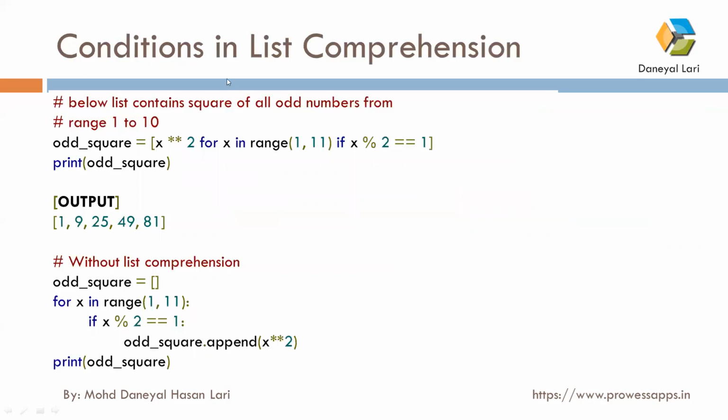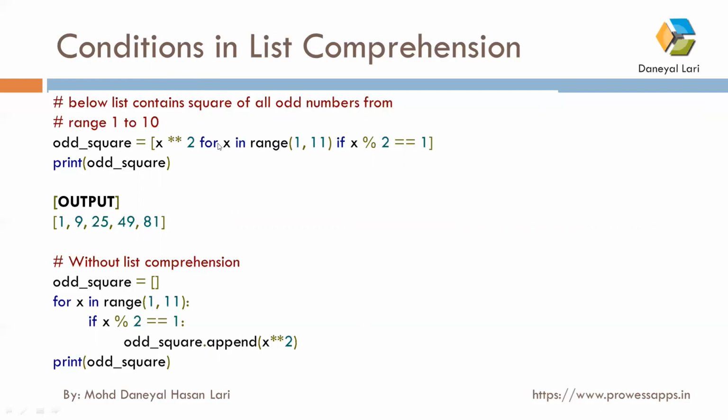You can put conditions into the list comprehension also. So let's see how to do the conditional statement. Let's generate the squares of all odd numbers from the range 1 to 10. If you want to generate odd square numbers, then the expression will be any number to the power 2, which generates the square. So this is my expression, for x in range 1 to 11, which generates the numbers from 1 to 10.